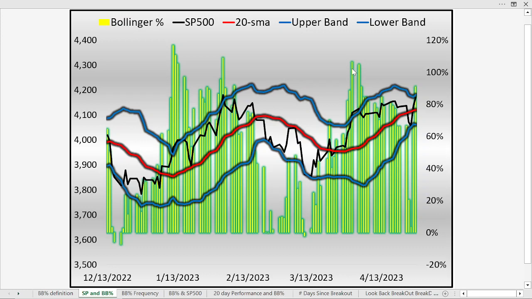Now, you'll notice when the market's in a tight trading range, the Bollinger Bands tend to gather rather close together, and the width drops. When the market becomes volatile and new trends break out like we've seen lately, or we can also go back to early January, take a look to see how strong the stock market was at that point. S&P 500 moves from 3,700 to almost 4,200 in a relatively short amount of time.